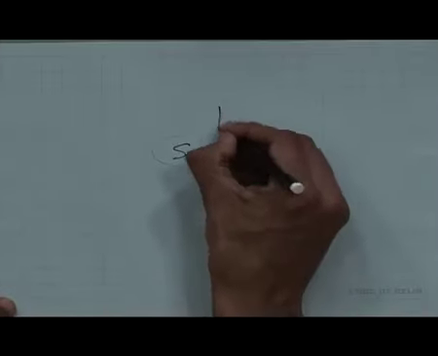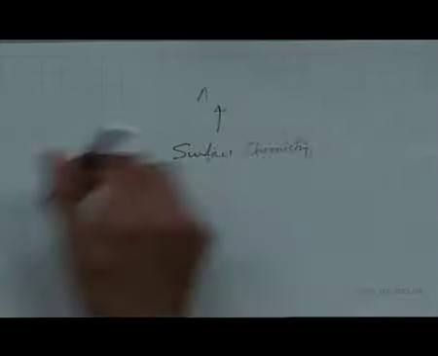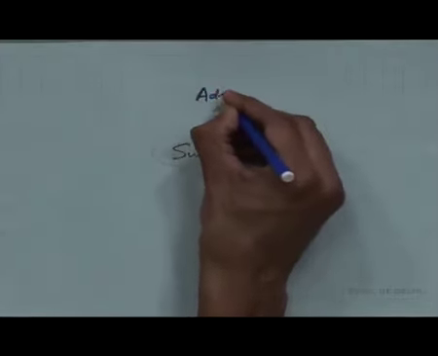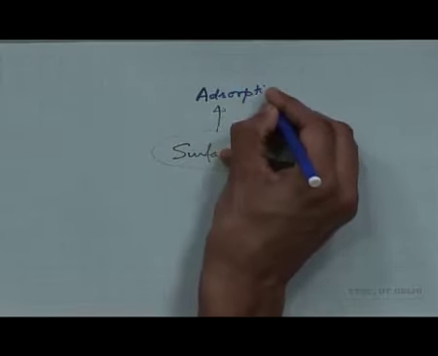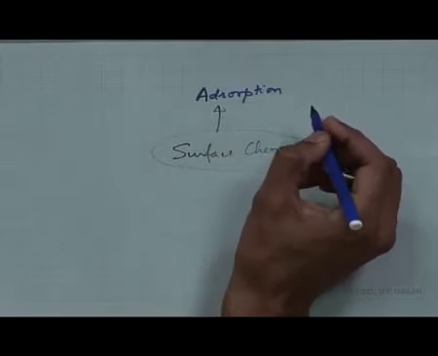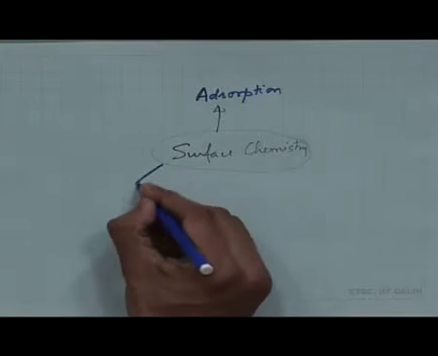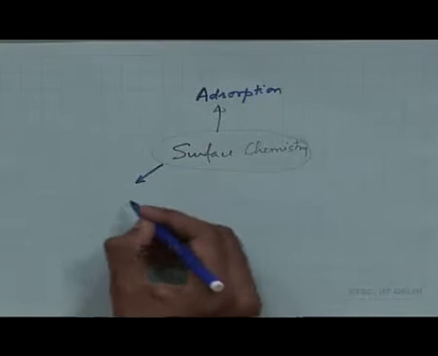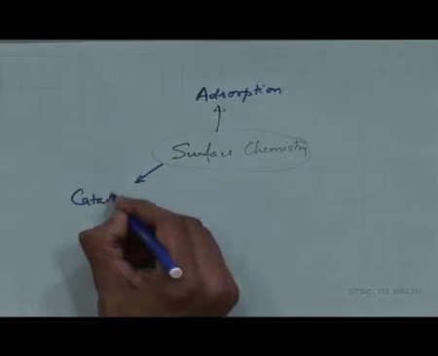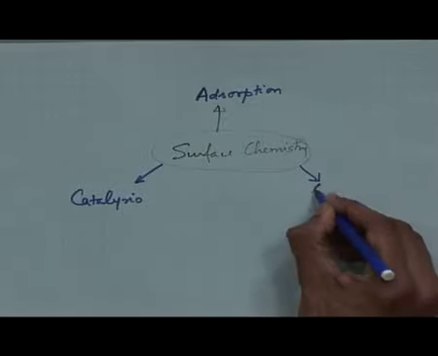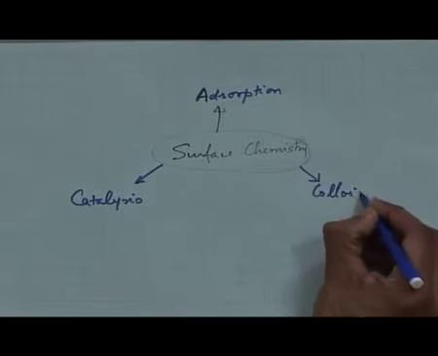We focused on adsorption, which was the initial portion where we discussed the Freundlich isotherm and things of that nature. Then we discussed one application of surface chemistry in catalysis, and we briefly discussed colloids and some of their applications.